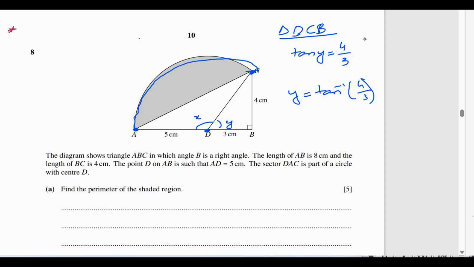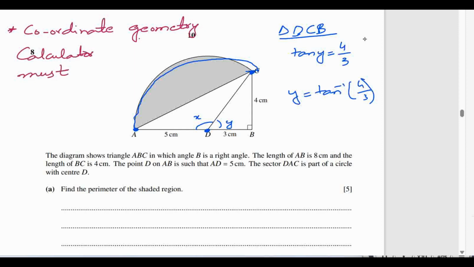Okay, one thing you have to keep in your mind, and this is a very important point, that for coordinate geometry the calculator must be in radian.